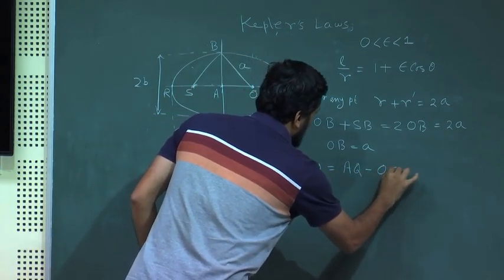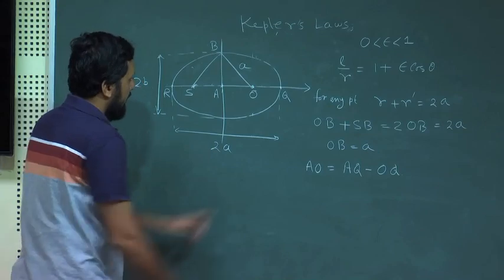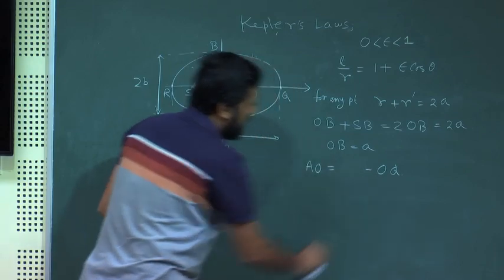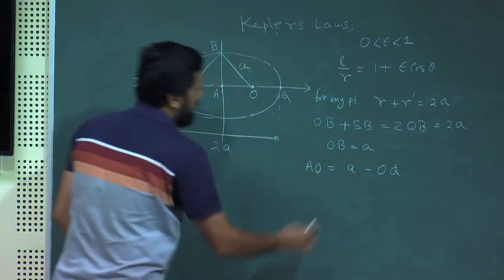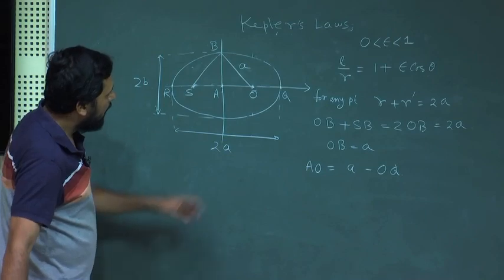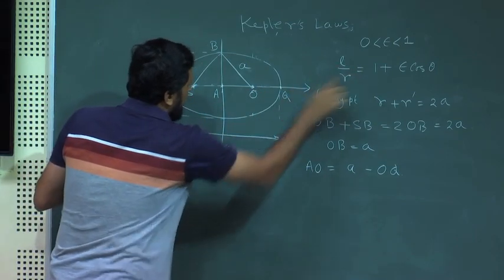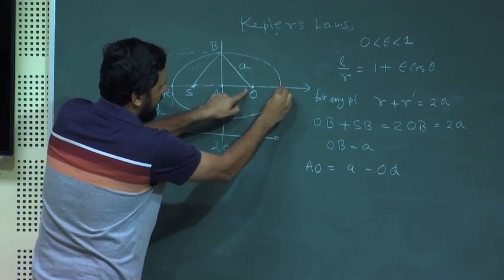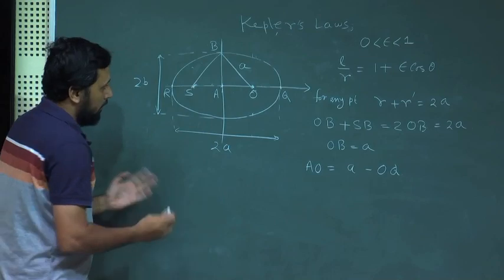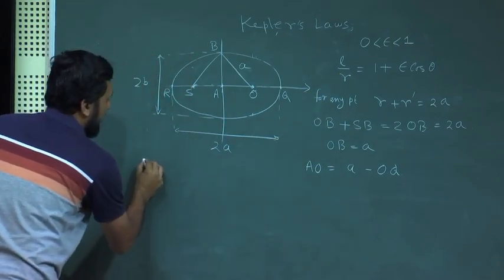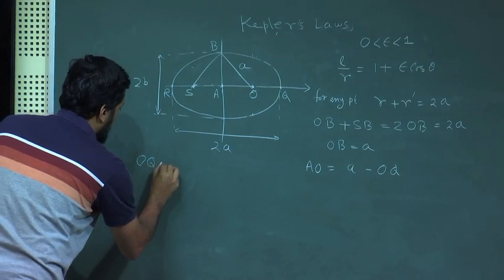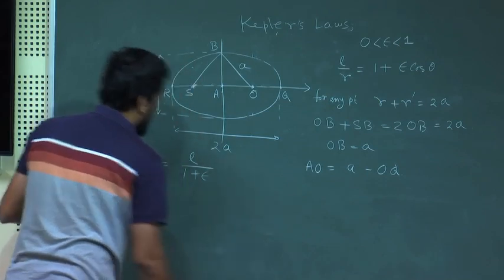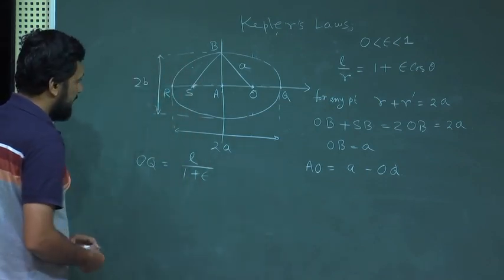AQ is nothing but this length, which is once again equal to A. So, we replace it with A. And what is OQ? In this relation, if we put theta equal to 0, then our corresponding R is our OQ. So, from this relation we can calculate OQ equal to L by 1 plus, putting theta equal to 0 simply gives 1 plus epsilon, right.